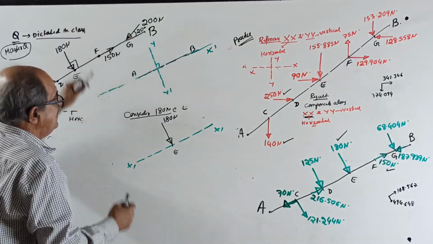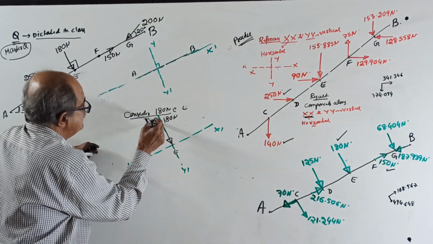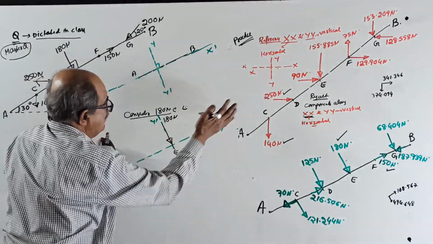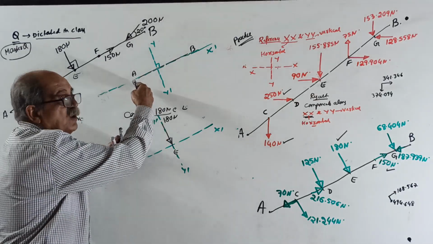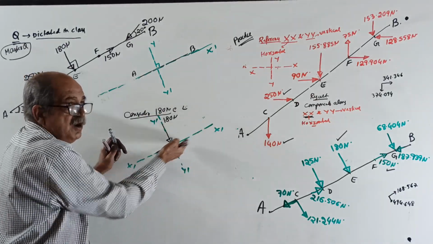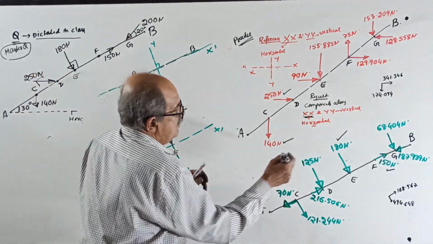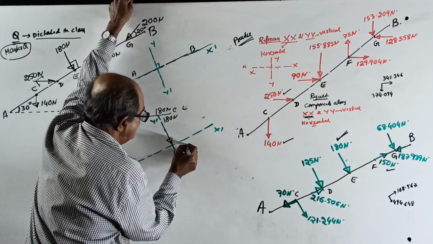It is directly acting along your y dash. Therefore, no resolution. There is no component here because theta is 90 degrees. So directly vertical, directly perpendicular. So direct answer of 180 Newton. No resolution, direct entry.